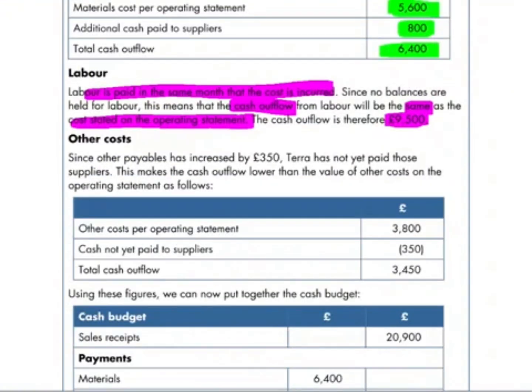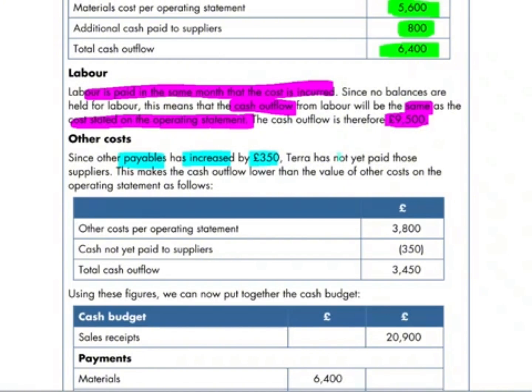Next is to work out the cash outflow from other costs. So we've calculated other costs on the operating budget to be 3,800, and the fourth bullet point down says that other payables will increase by £350, and those other payables are going to relate to other costs. Now this time we've got a situation where those payables have increased and they've gone up by £350.